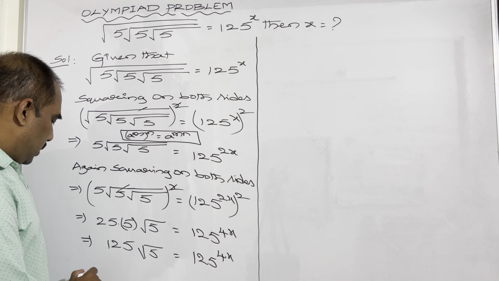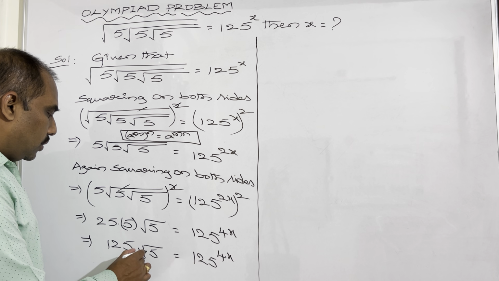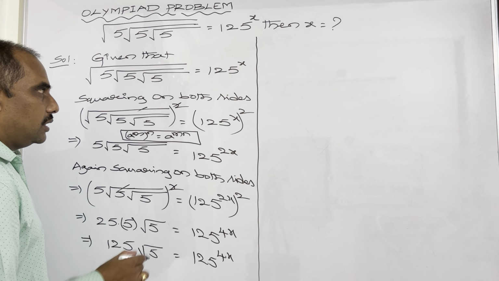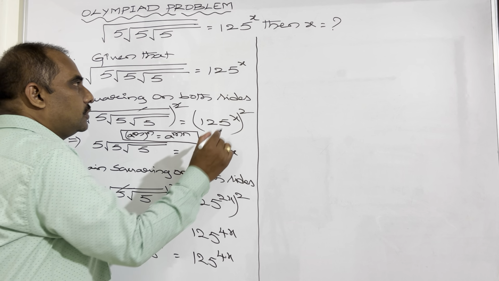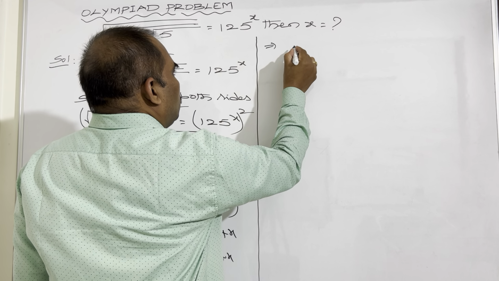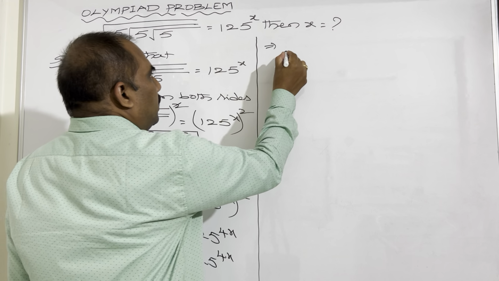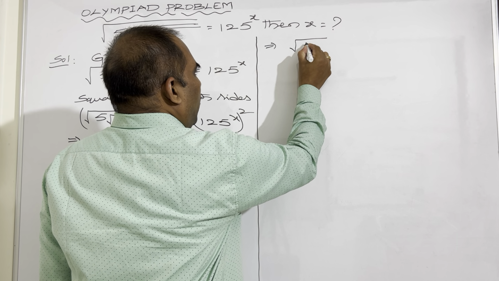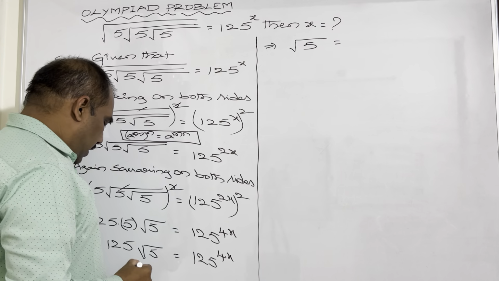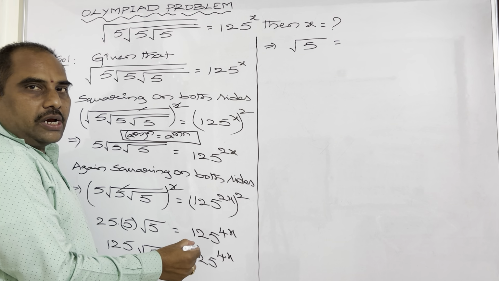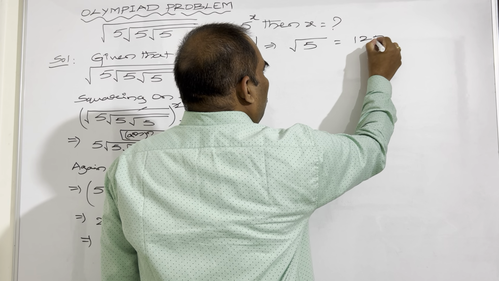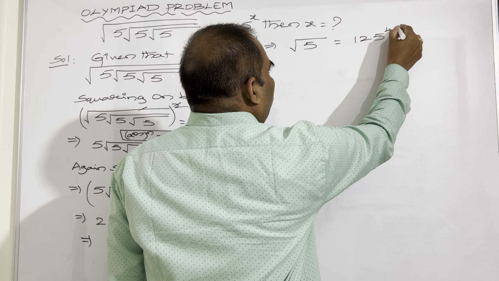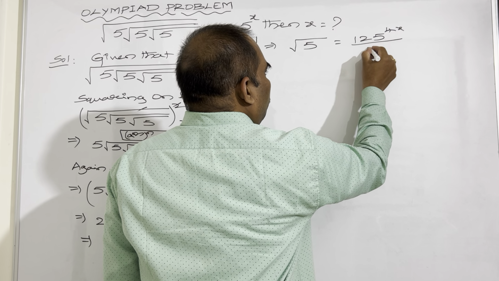Now what I am doing is this 125 sending to this side. So now the left hand side is root 5, is equal to, this 125 sending to the right side, it becomes 125 whole to the power of 4x by 125.